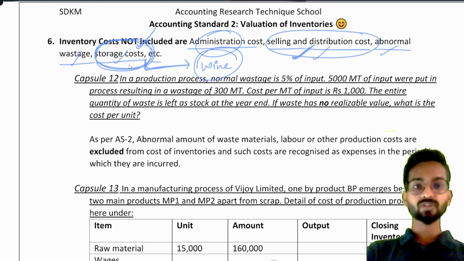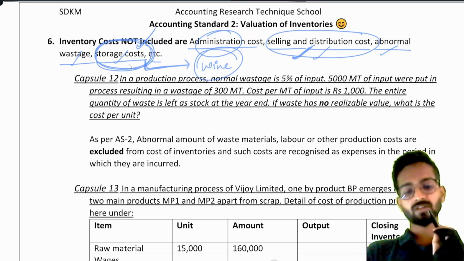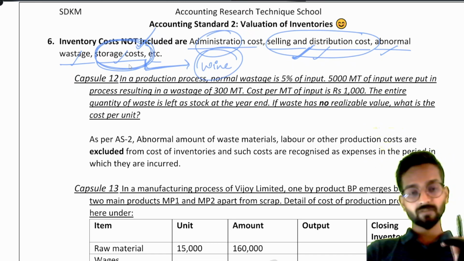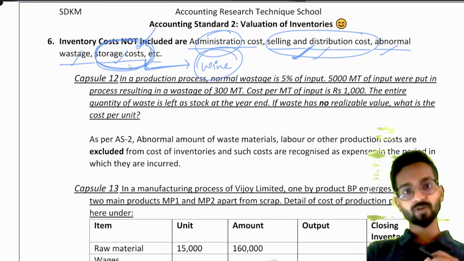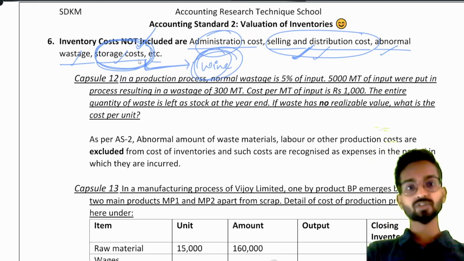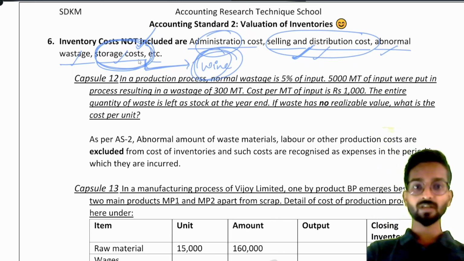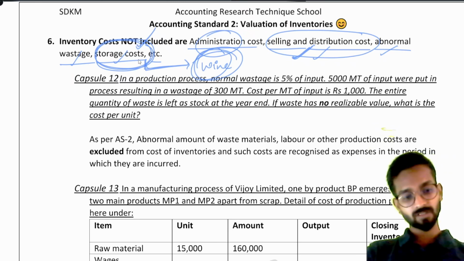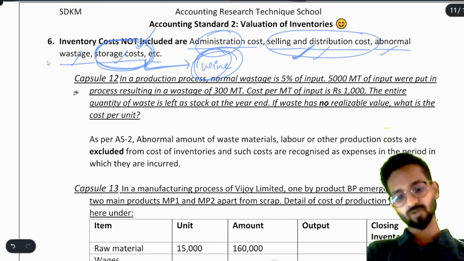For them storage cost should not be included. Remember this. All those costs which will help you to improve the quality of your product, that you will add. That's why for wine we can include the storage cost in the valuation of inventory, but for shirts or manufacturing furniture, you cannot add the storage cost in the valuation of inventory. Understood? You have to understand the importance of the cost.